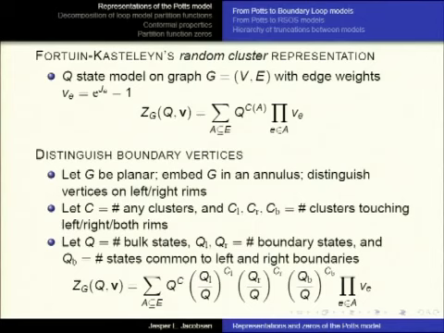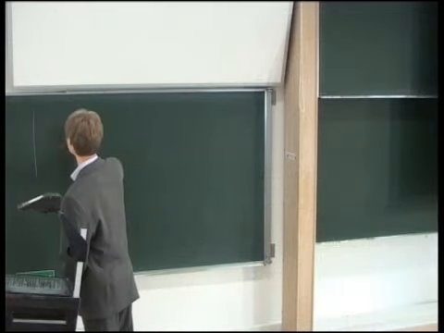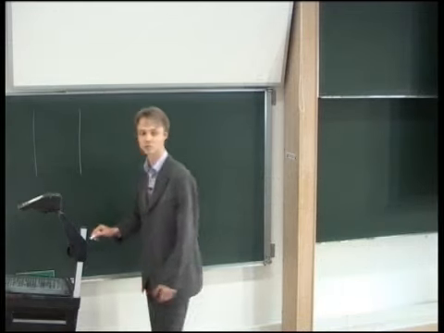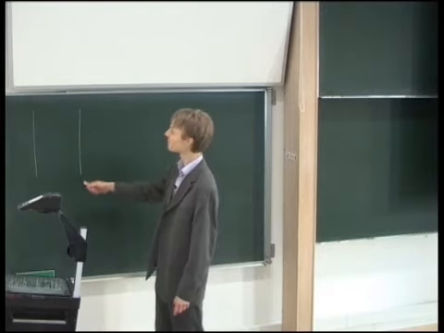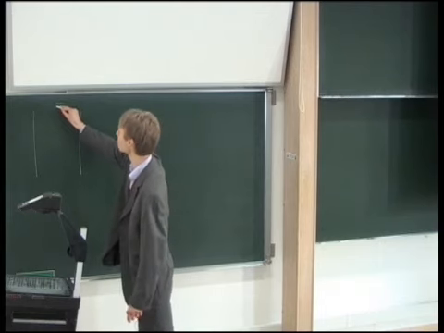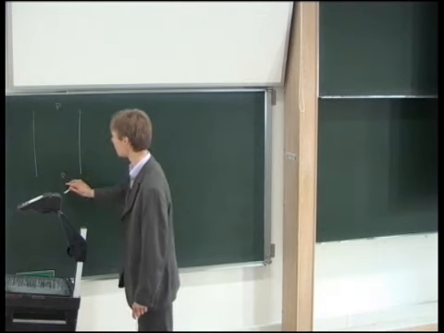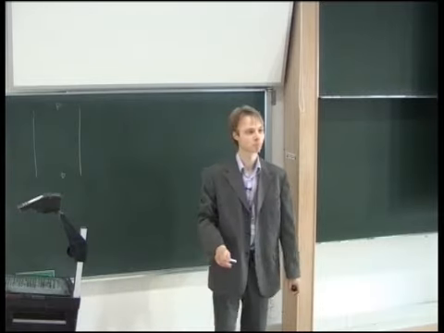The idea is that I'm going to consider here only planar graphs, which are always embedded in an annulus. So you can imagine them to be strip graphs, recursive families of strip graphs where I have periodic boundary conditions identifying top and bottom.